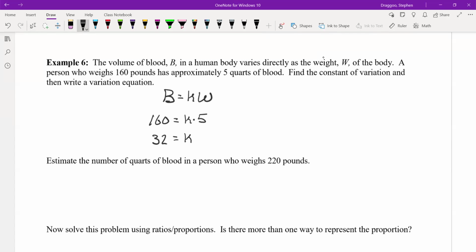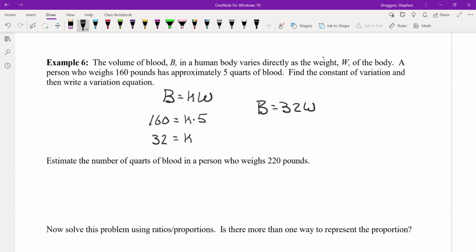So our constant of variation is 32. That means that a human is expected to weigh 32 times the number of quarts of blood that it has, or that he or she has. It's a person after all. So B is equal to 32W. So the constant of variation is 32 pounds per quart.